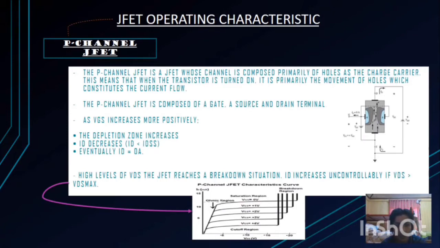The P-channel JFET is composed of a gate, a source and a drain terminal. As VGS is increased more positively, the depletion zone increases, and ID decreases, and eventually ID equals 0 ampere.